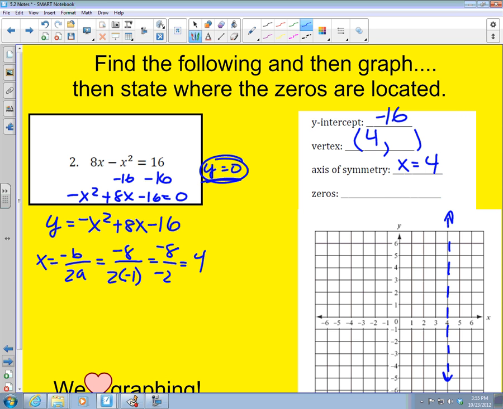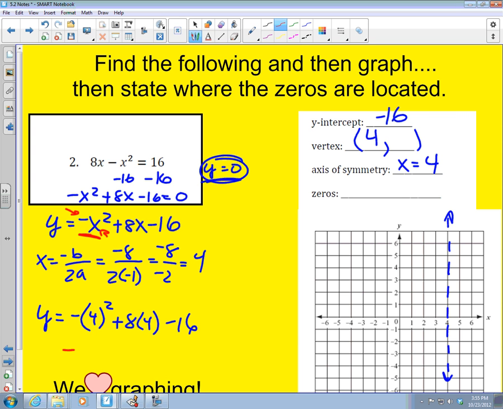Plugging that 4 in for x, I get y equals negative, parentheses, 4 squared plus 8 times 4 minus 16. Now, if you look at this x right here, x squared actually, it's negative x squared. The negative is not squared. Only the x is squared.